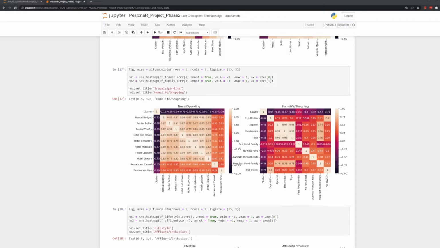When we go down to the travel and spending area, we get a lot better correlation with the clusters that they belong to. Home life and shopping, not so much. There are a few features that stand out to me as being pretty correlated.